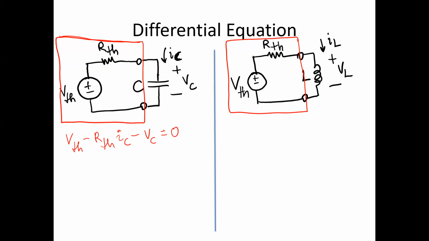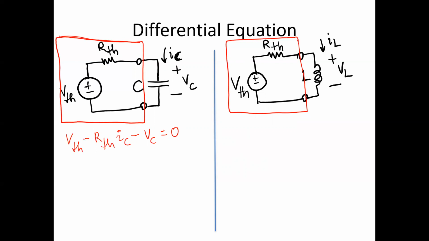We have to make sure we use its own fundamental relation. And so initially, we're just going to directly use the labels for the capacitor current and the capacitor voltage. And if these are not labeled for you and you're trying to write an equation, you should go ahead and make your own labels and use those labels for the current and voltage of the capacitor when writing the equations.